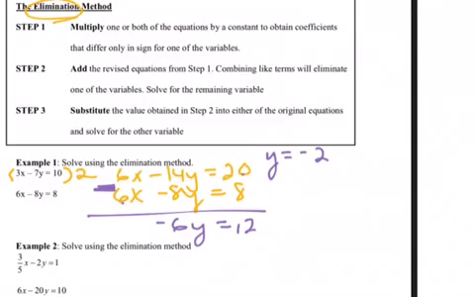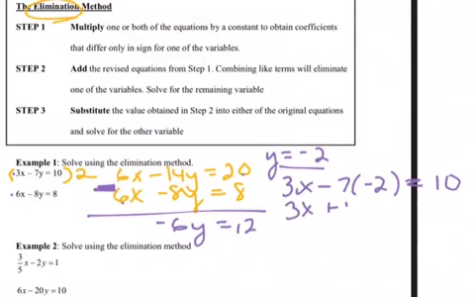So now I'm going to take this y equals negative 2 and plug it back into one of the two original equations. It doesn't matter which one. I'm just going to use the top just because it's the top one. So I have 3x minus 7 times negative 2 is equal to 10, and I'm going to solve. So I've got 3x plus 14 equals 10.